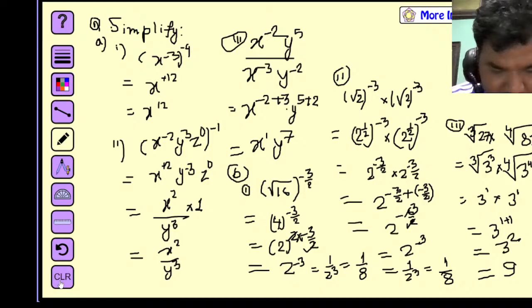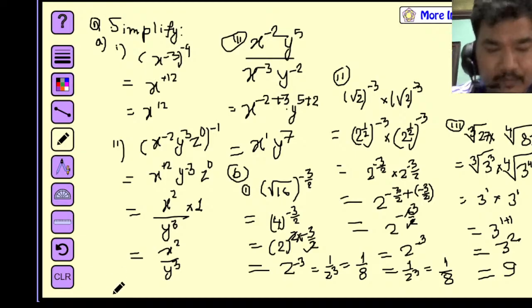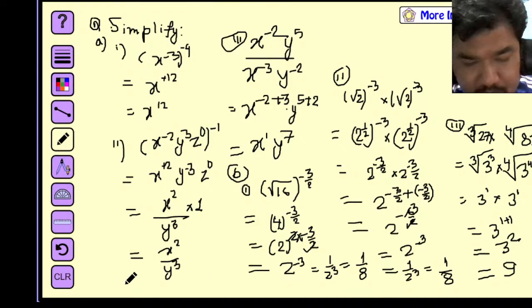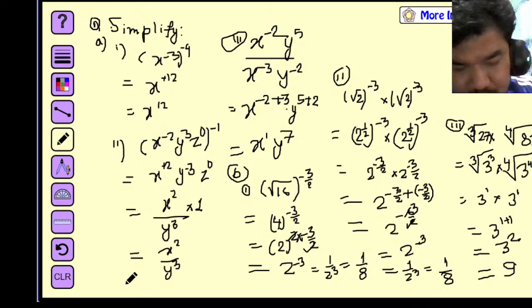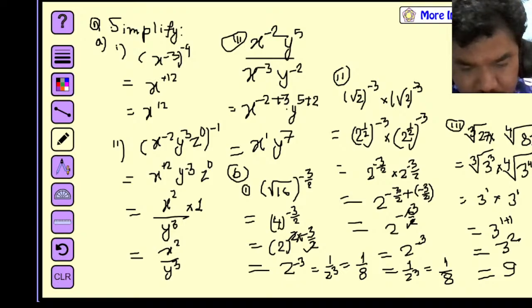Wherever you are facing difficulty, please put the question there. We can solve that cubic question also in different ways.